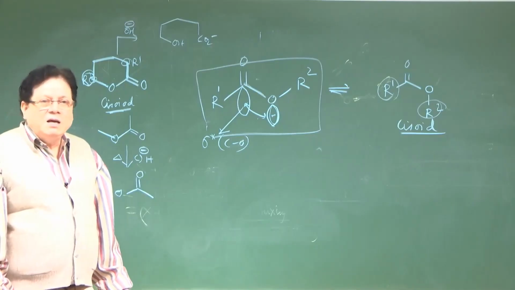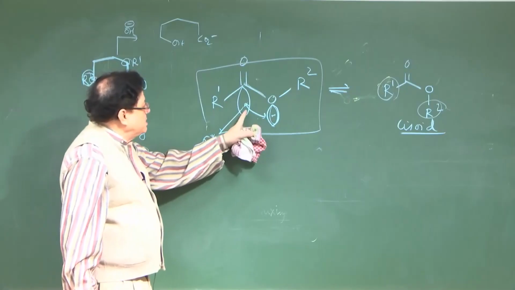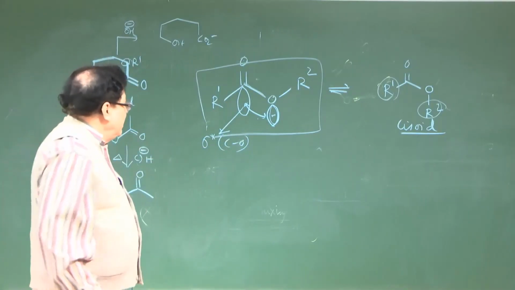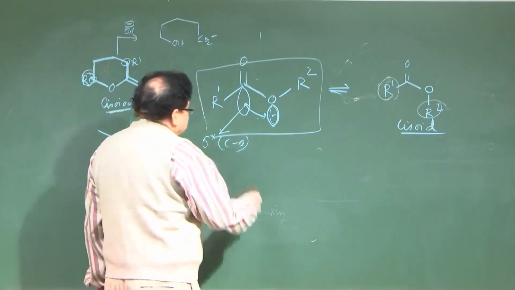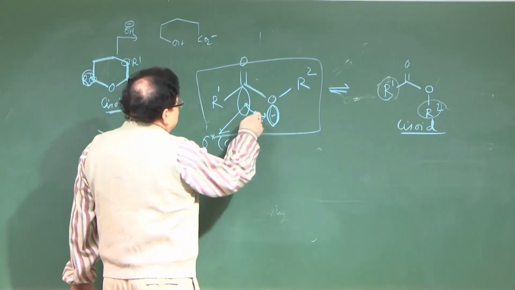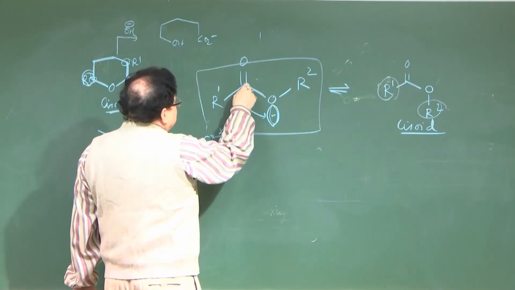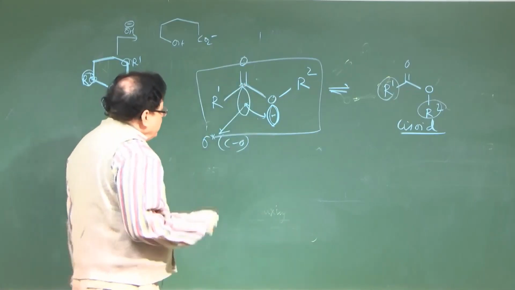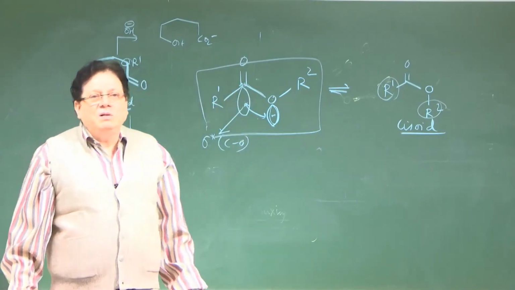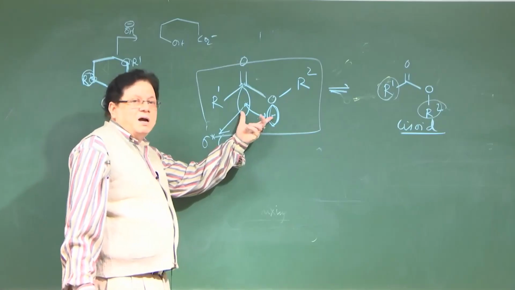Now, the question is what this n to sigma star overlap has to do with the reactivity of the system. It does, because by this conjugation you are actually pushing electrons towards the carbonyl carbon, or you can say you are lowering the electrophilic character of this carbonyl carbon by the n to sigma star overlap.